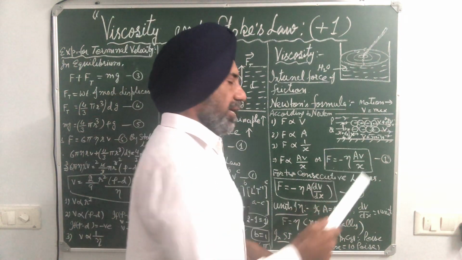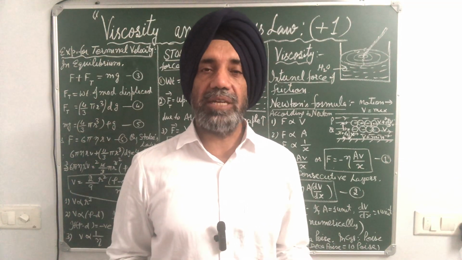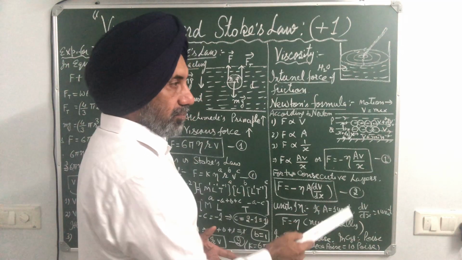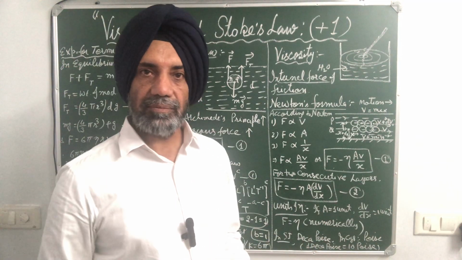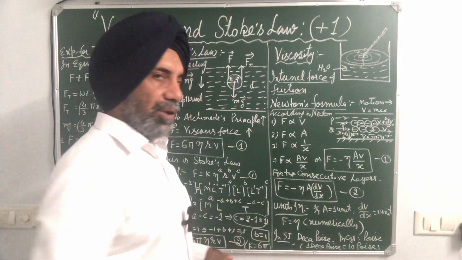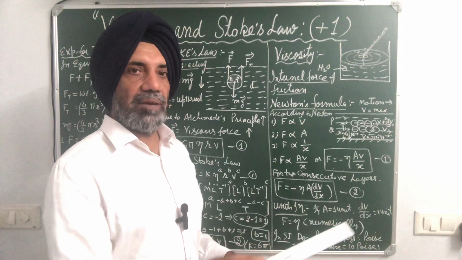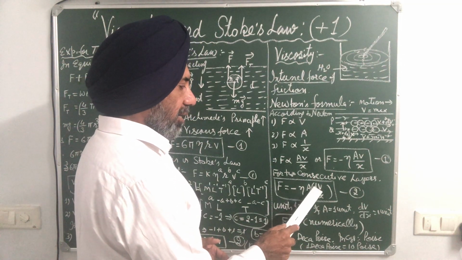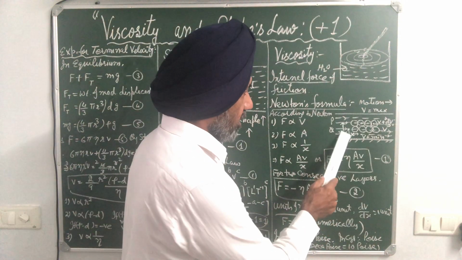And this negative sign indicates that the viscous force is of an opposing nature. For two consecutive layers, instead of v or x, we can write dv/dx, where dv/dx is called the velocity gradient, which has units of second inverse. So F is equal to minus eta A dv/dx for two consecutive layers like P and Q.